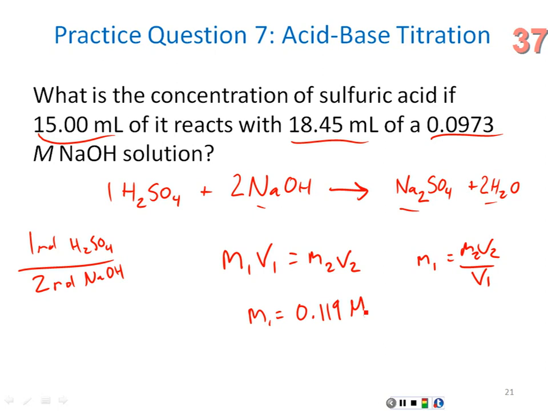But you have to remember that that would be for the H plus concentration. And H2SO4 has 2 H's in it. So we're going to have to add that mole factor. H2SO4 has 2 H pluses, or you can think of it in terms of moles of H2SO4 to moles of NaOH.